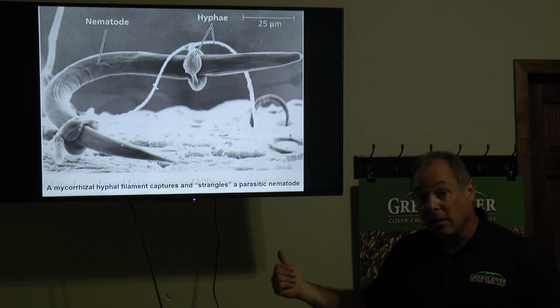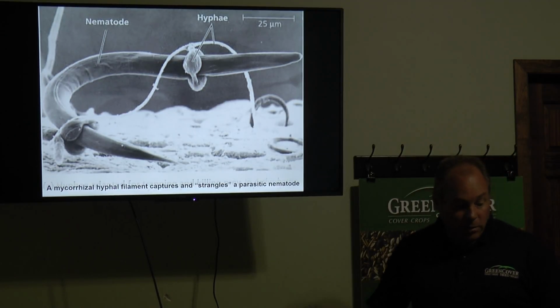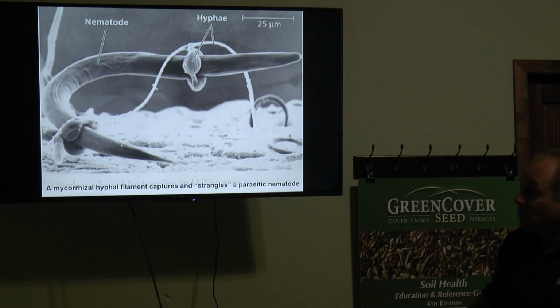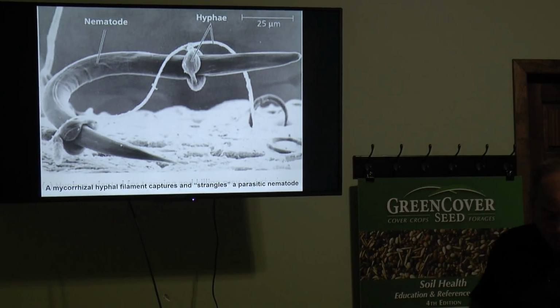So it turns that pest into fertilizer. What a slick deal. Now this organism is not yet commercially available, but it will be at some point in time.